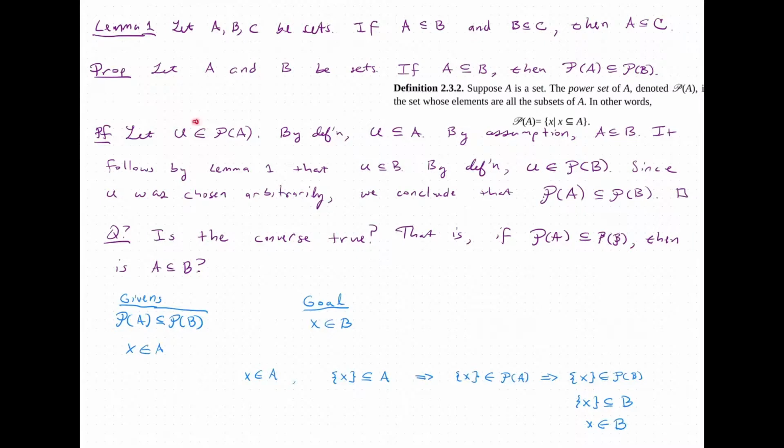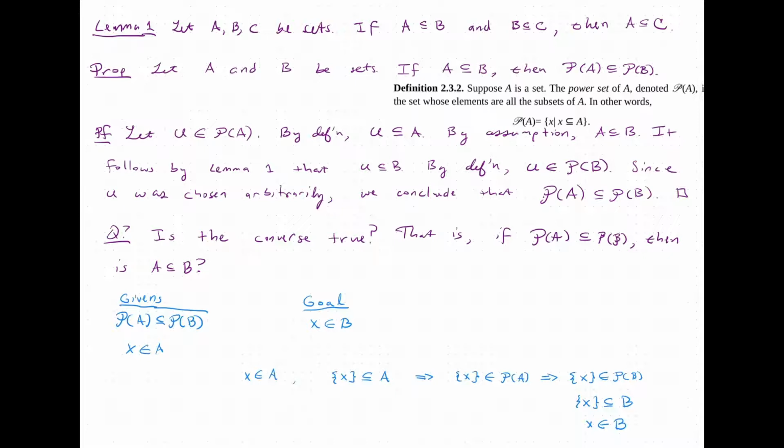I did start by saying let U be in the power set of A, but I did not write down that A was a subset of B. However, I did mention this phrase when I used it: by assumption, A is a subset of B. And so these are two perfectly valid ways of writing a proof. When we use that assumption, we can say, by assumption, we have this, and then we state it at that moment in time. And this is something particularly useful when we have a very lengthy theorem statement or proposition statement.